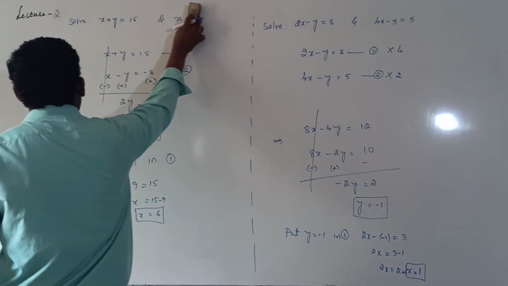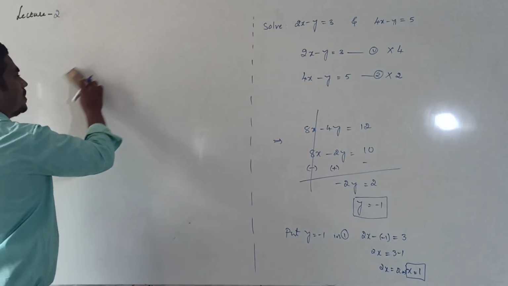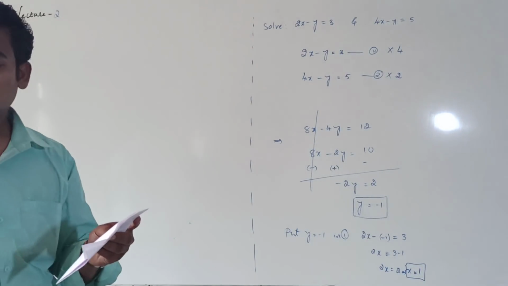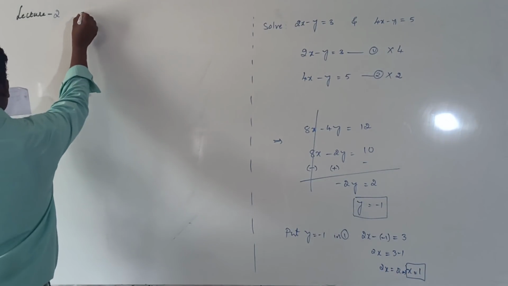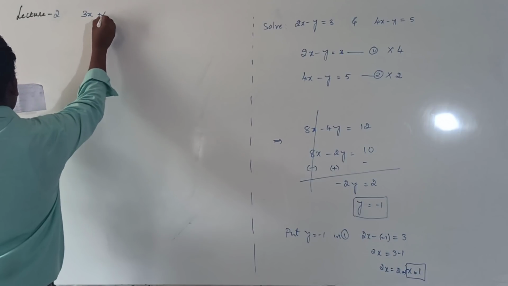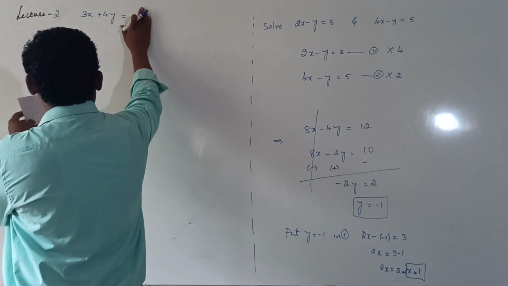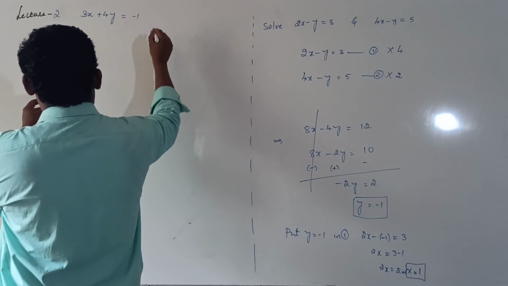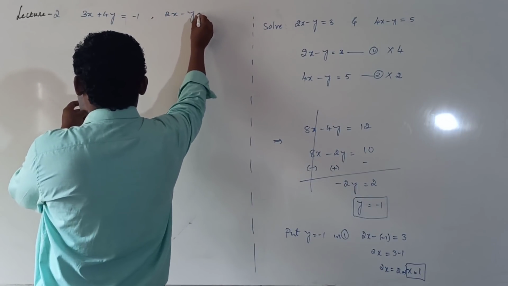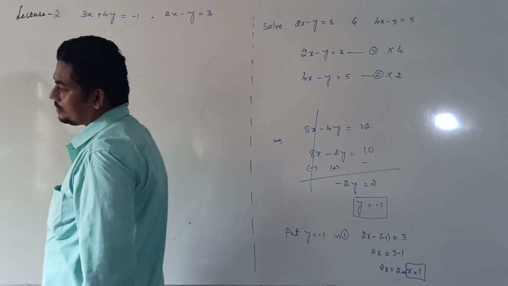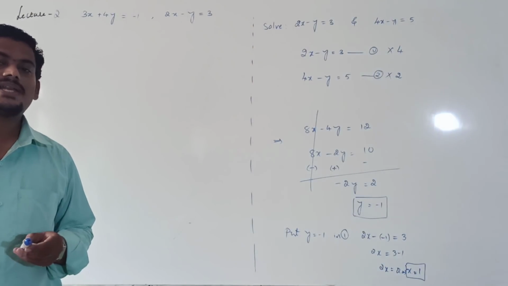Next problem. Solve 3x plus 4y equal to minus 1 and 2x minus y equal to 3 by the method of equalizing coefficients or by the elimination method.